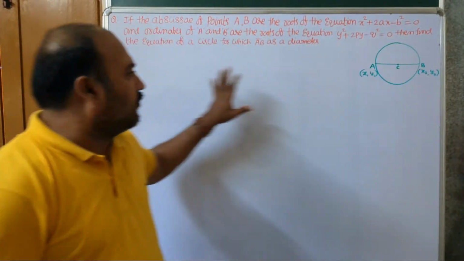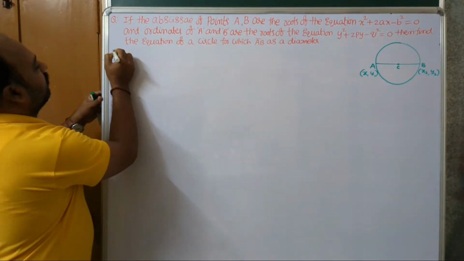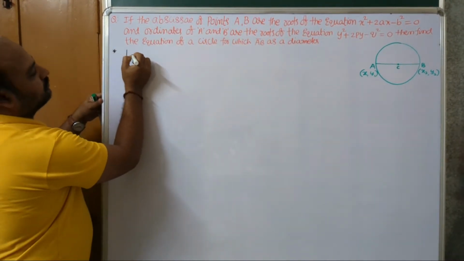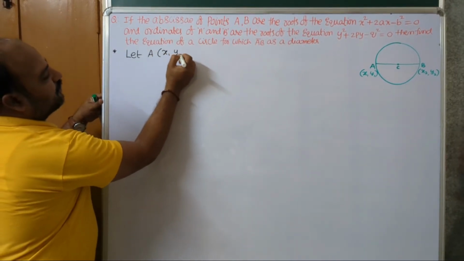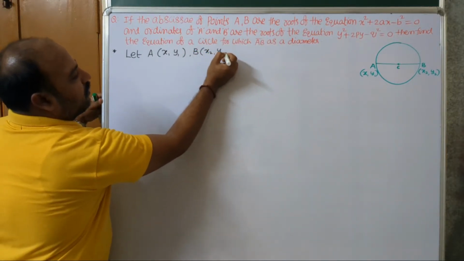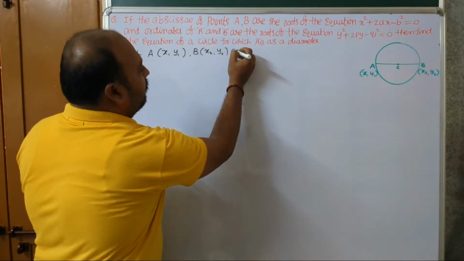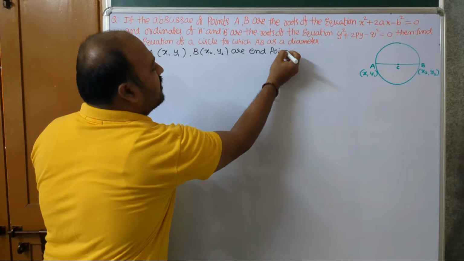x1, y1, x2, y2, first step we will write it. Let A of x1, y1 and B of x2, y2 be the end points of the diameter, or extremities of the diameter.